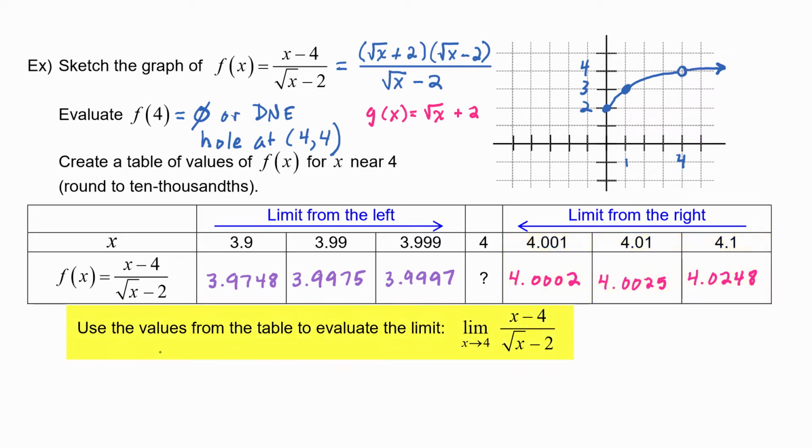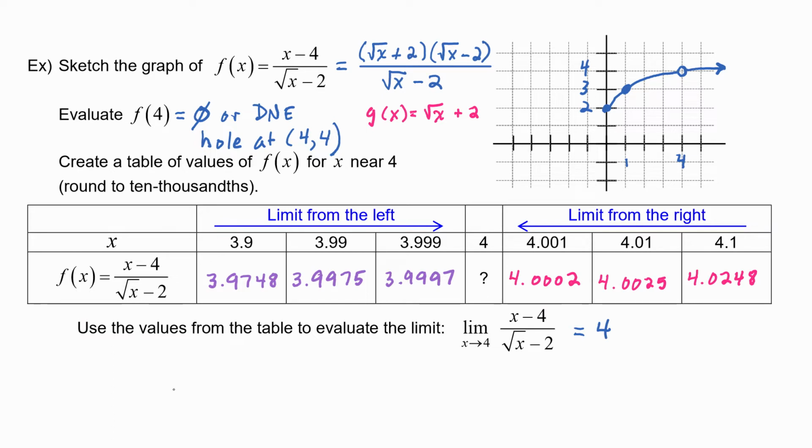We can use the values from the table to evaluate the limit now. And we say that the limit, as x approaches 4, of the quantity x minus 4 over the quantity radical x minus 2 is equal to 4.